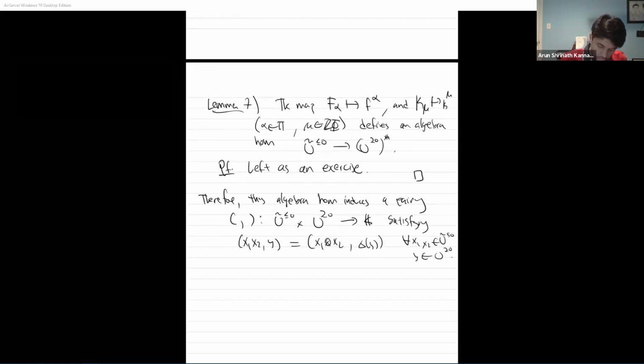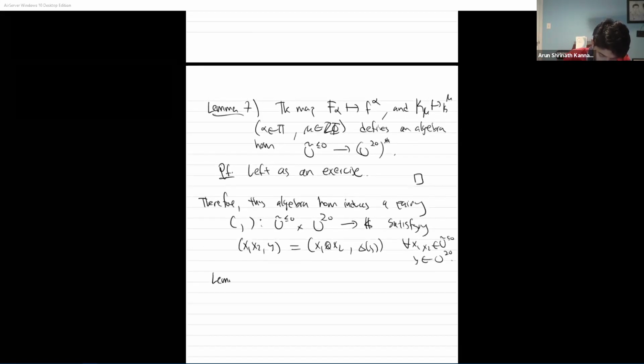So we notice that it's not necessarily a bialgebra pairing because we haven't checked the other side, but we do have one side. And so that's what we check in the next lemma. So lemma 8.